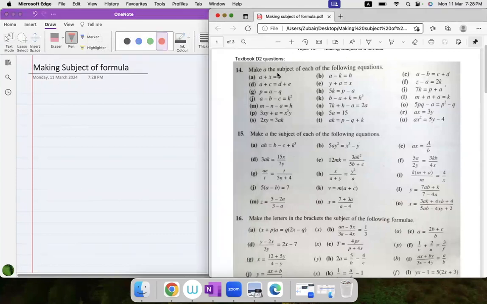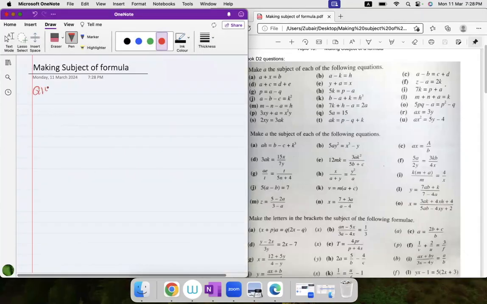Okay, now number one says make A the subject of the formula in each of the following. Question 14a, I'll do some with you. A plus X equals B, so A equals B minus X. That's right.